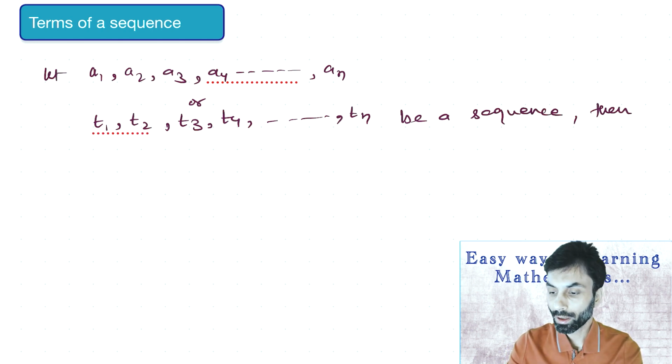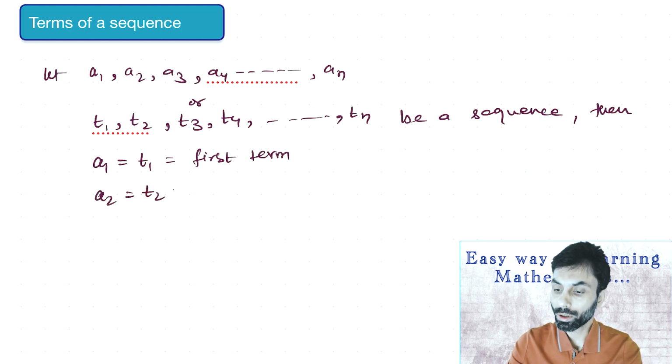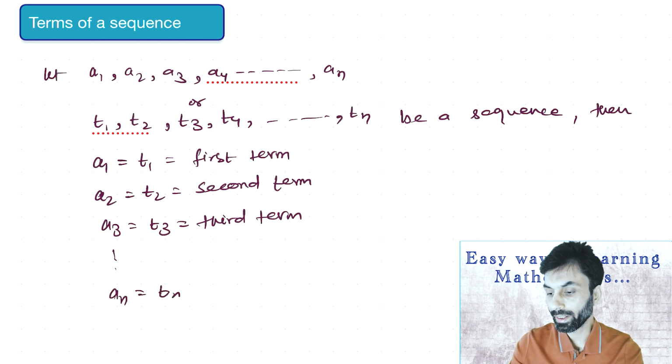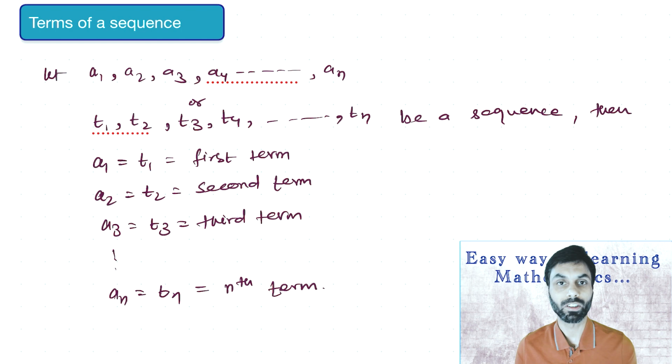Then A1, or T1, is the first term, A2, which is also T2, is known as the second term, A3 or T3 is the third term, and so on. An or Tn will be the nth term. This way we can represent the terms of a sequence.